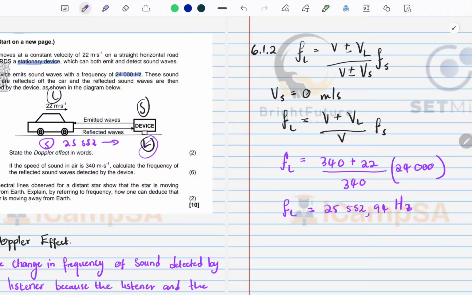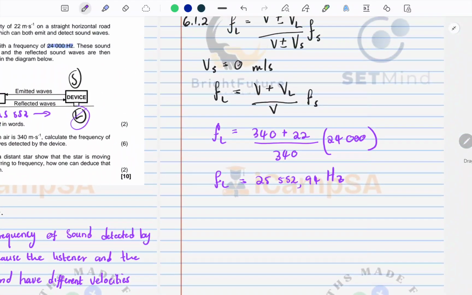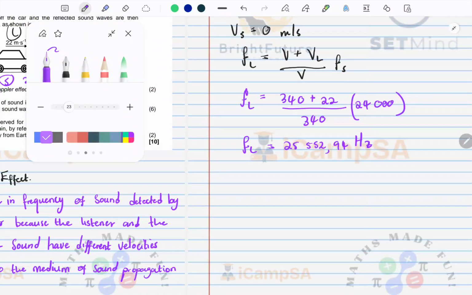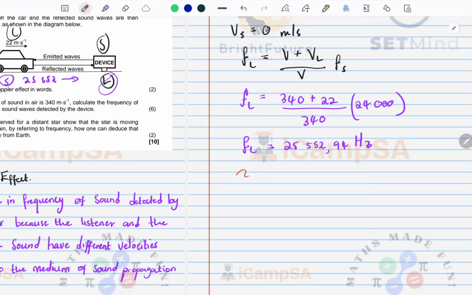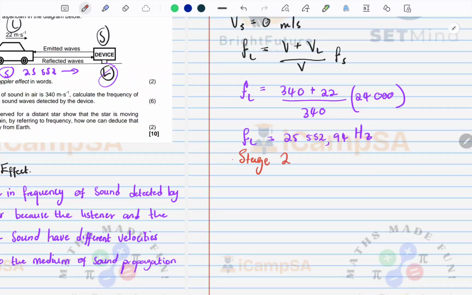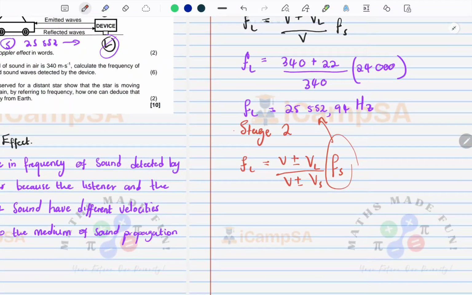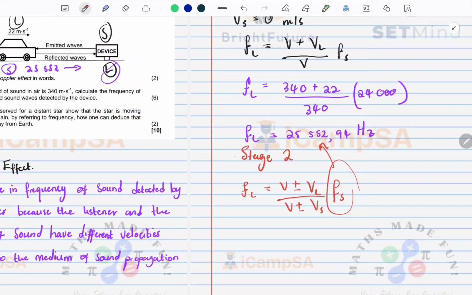We're still going to take our Doppler effect formula. This is stage 2. So we're going to have FL equals V plus or minus VL, over V plus or minus VS, times FS. Now the source is going to be the car. But again, we need to decide on our signs.